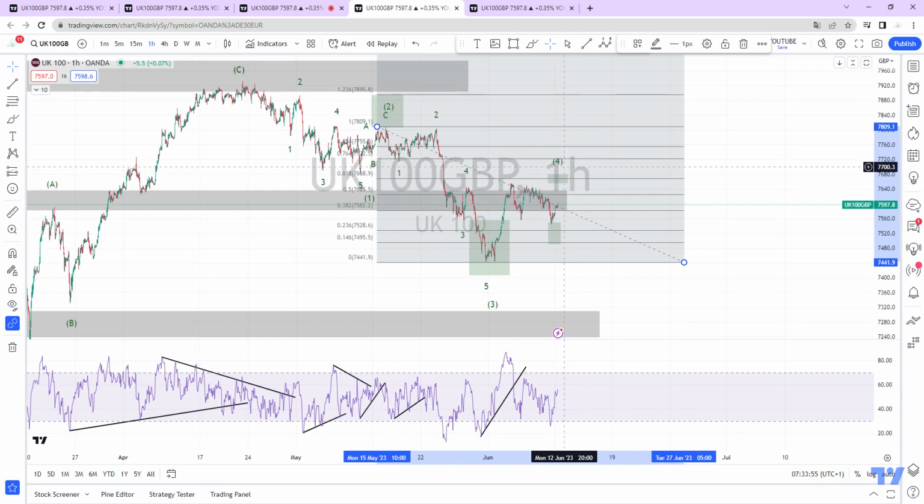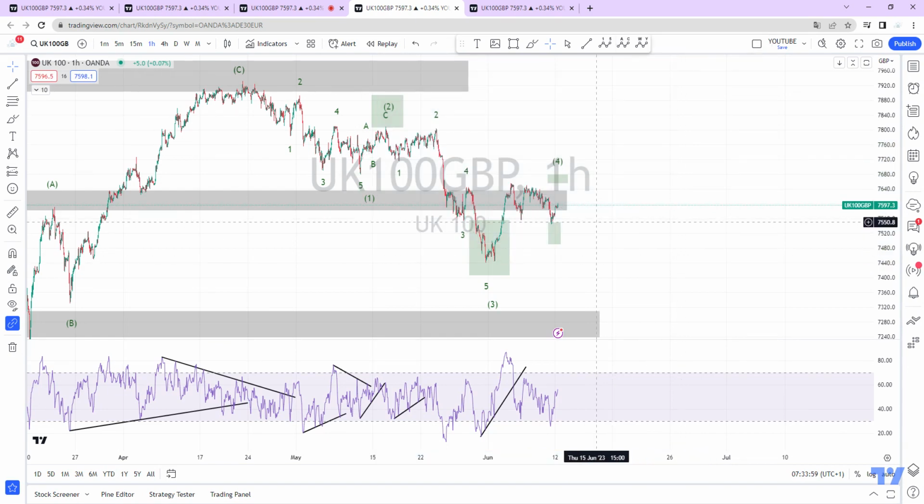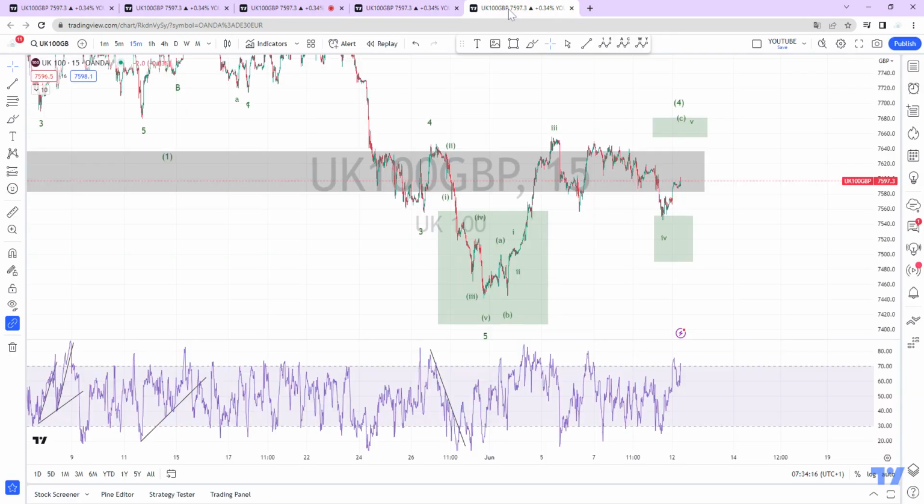This cannot be a wave 4 anymore. But for now, I will stick with this count because it also aligns with my higher time frame count, in the sense that we should see more downside in the FTSE.